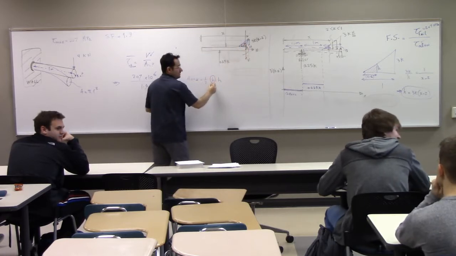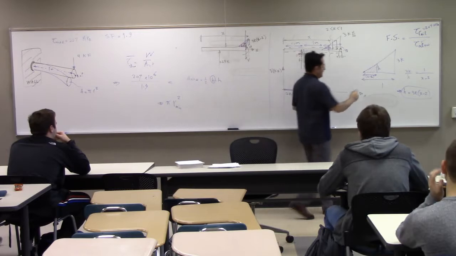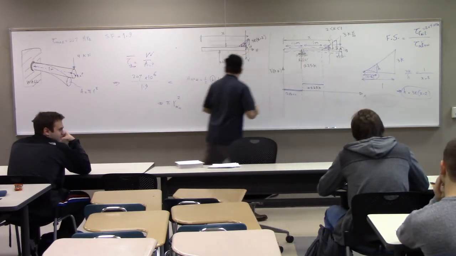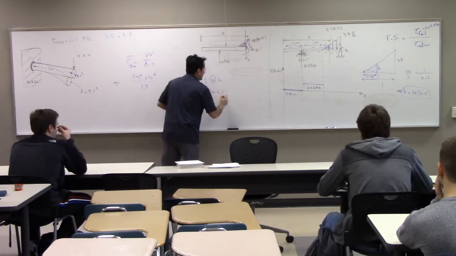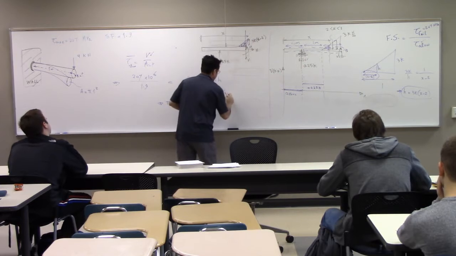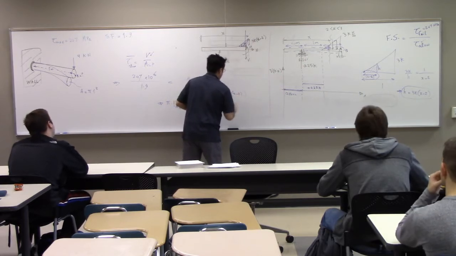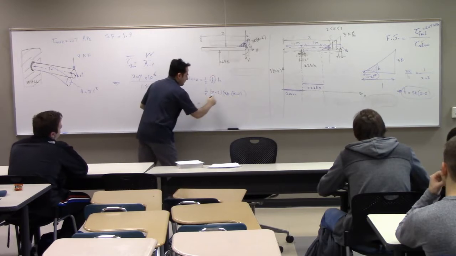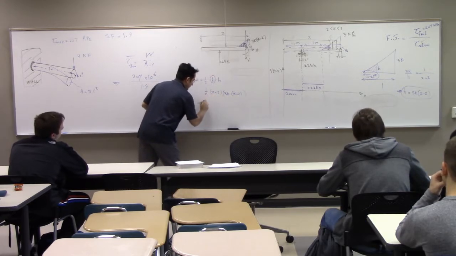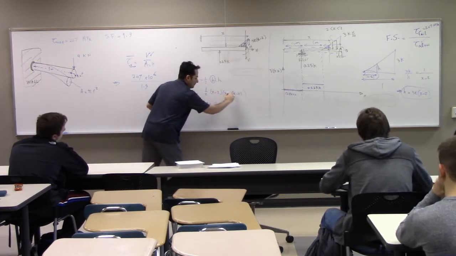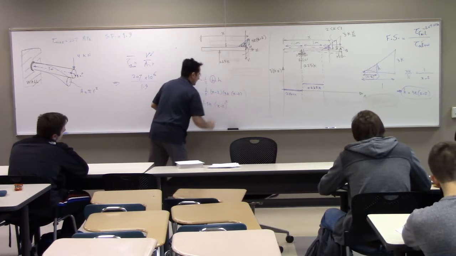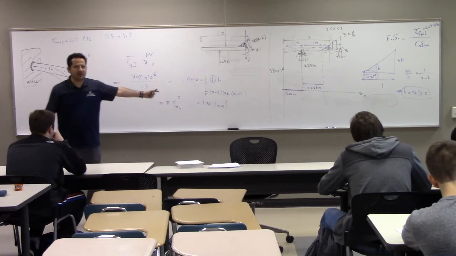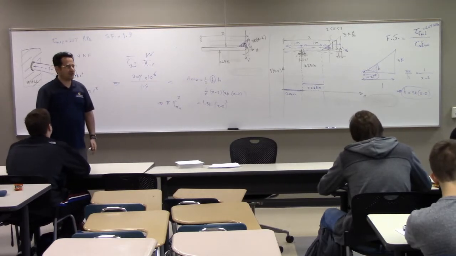And what is the base? You come here, you say x minus 2. So you say 1 over 2 times x minus 2 times the height, 3K times x minus 2. Now you finally get x minus 2 squared, so you get 1 over 2 times 3K, 1.5K, combined with this. That was the step.